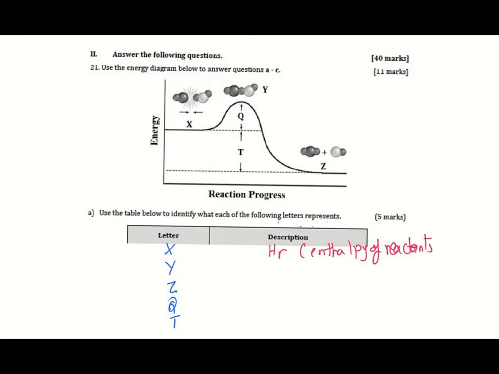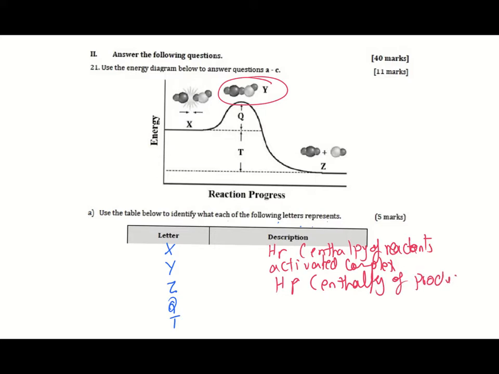What does Y mean? Y is the activated complex. And Z means enthalpy of products.